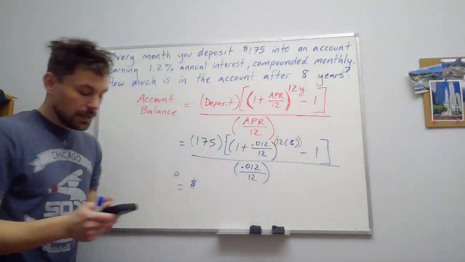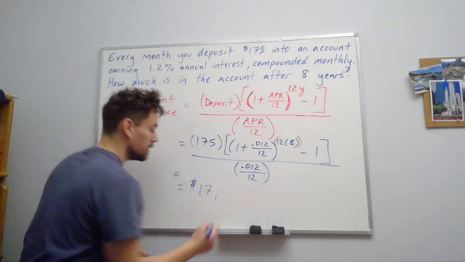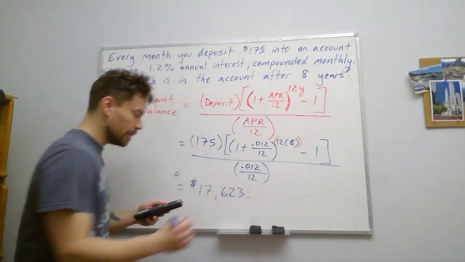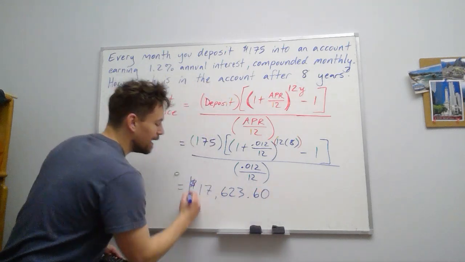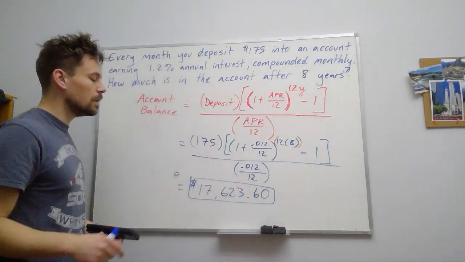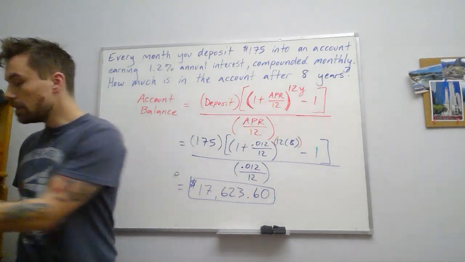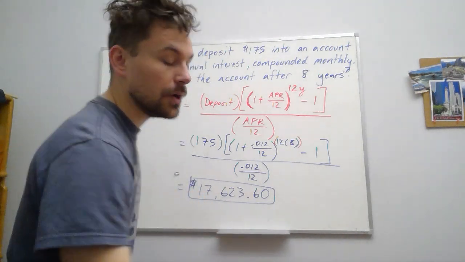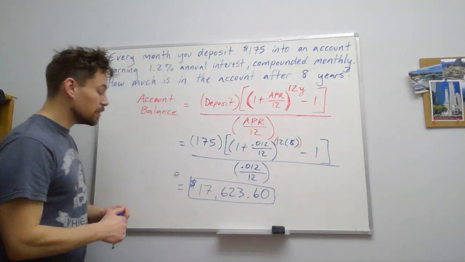If we punch all that stuff in, and if we used our parentheses correctly, then we should get 17,623.60 if we round. Something to keep in mind is how much of this was actually our money. How much did we contribute?